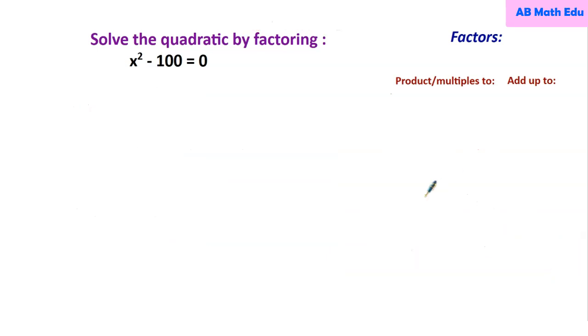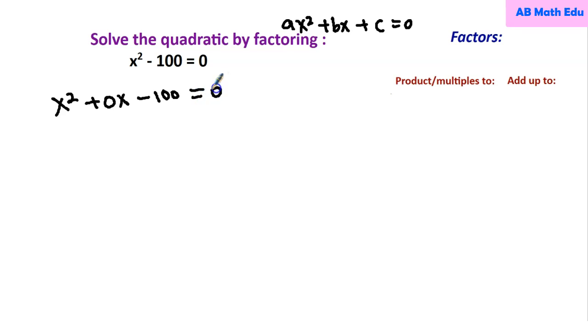Let's look at the next one. Here too, always compare it with the standard: ax squared plus bx plus c equals 0. You see that you're missing the middle number, the bx. So here we insert a 0: x squared plus 0x minus 100 equals 0.